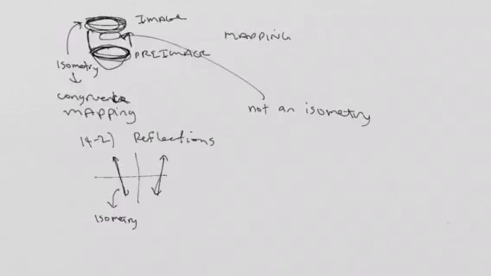Let's see if I can see some little problems. Well, there are some example problems saying, if I want to reflect this about the x-axis, then I've got to do this.